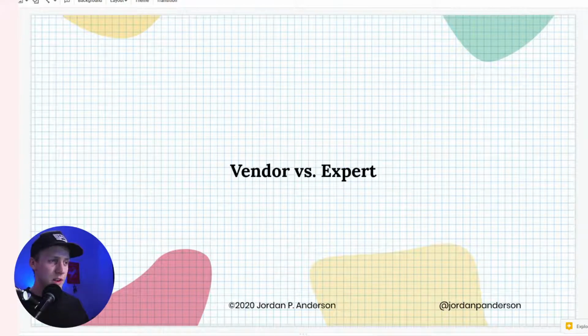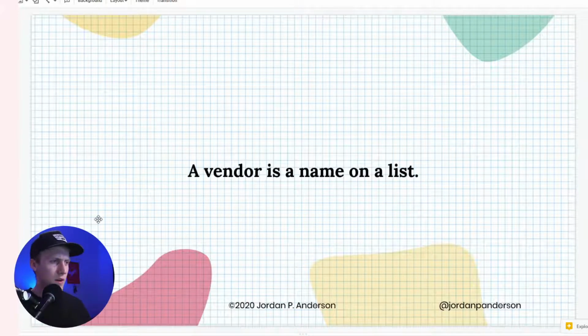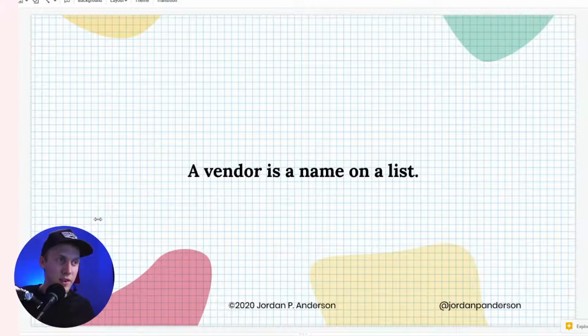First, we're going to talk about the concept of vendor versus expert. What do you mean, Jordan? So a vendor, in simplest terms, is just a name on a list. Let's name some types of vendors. I'll think in terms of a wedding: the DJ, the bartender, the catering company, the delivery driver that delivers the folding white chairs.